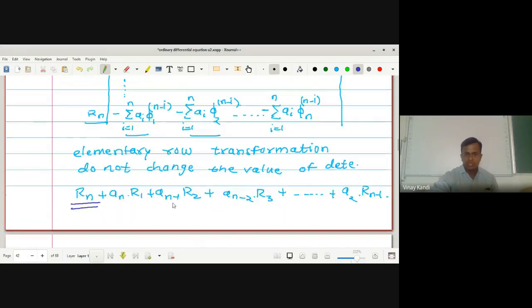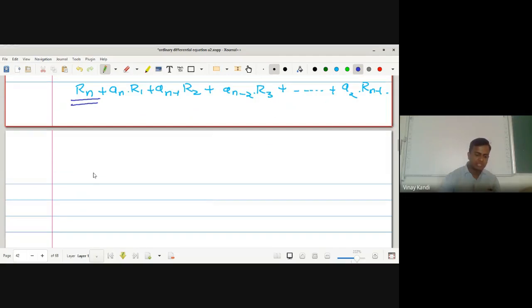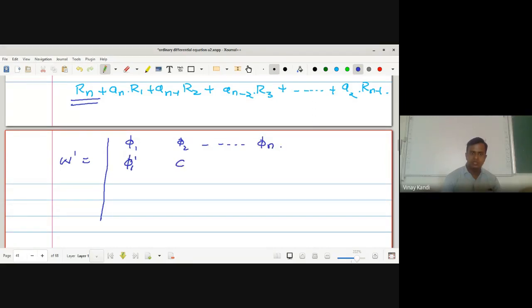If you perform this elementary row transformation, what will the final answer be? Look here, W dash is equal to the determinant: phi 1, phi 2 up to so on phi n, phi 1 dash, phi 2 dash up to so on phi n dash.